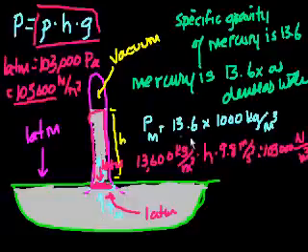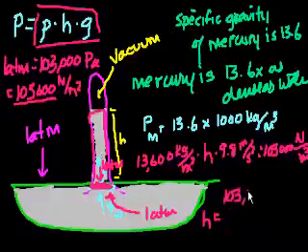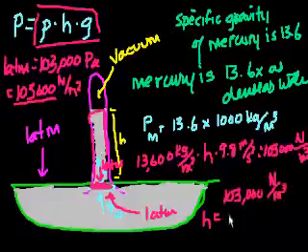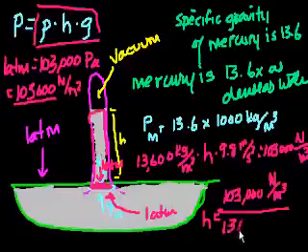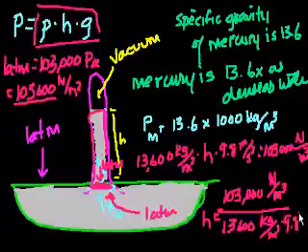So let's see, if we divide both sides, well, we could just do all of the math. So if we divide both sides by 13,600 times 9.8, we get the height is equal to 103,000 newtons per meter squared over 13,600 kilograms per meter cubed times 9.8 meters per second squared.